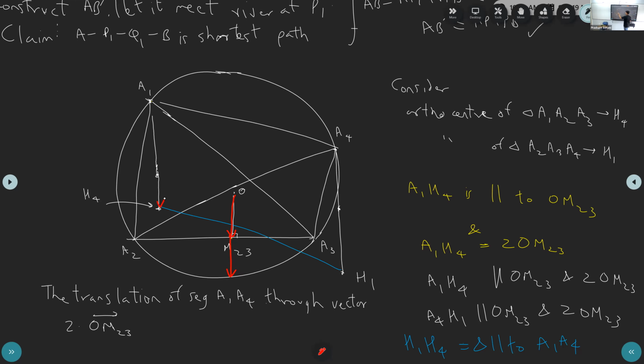Okay, do you see in the diagram that this red vector, if I take the line segment A1 A4, pick it up and apply this red arrow, it will go to H4 H1? So I want to say the translation.